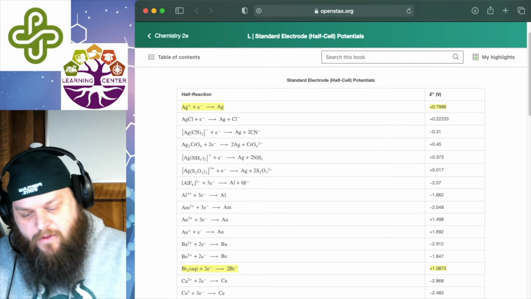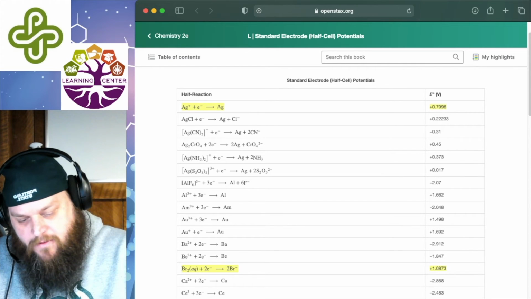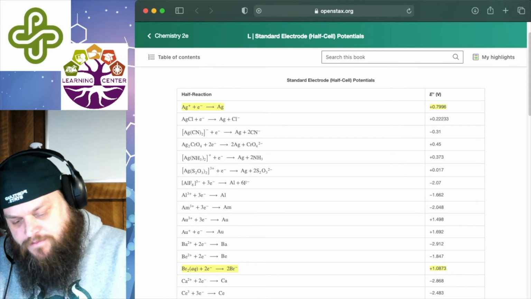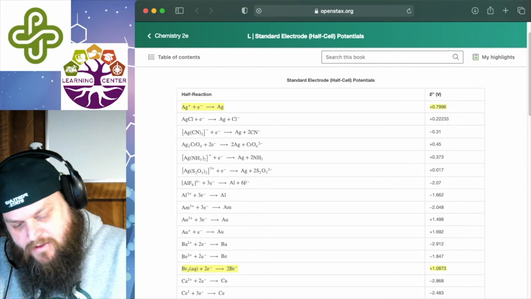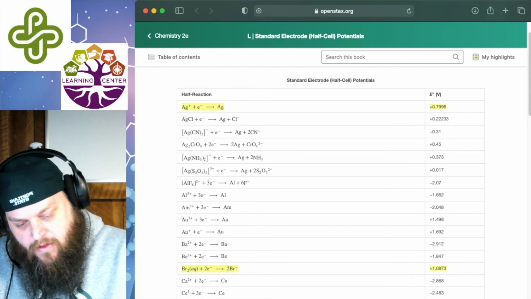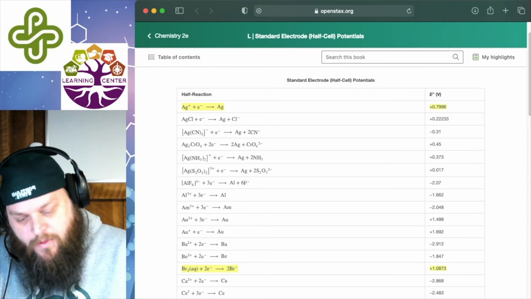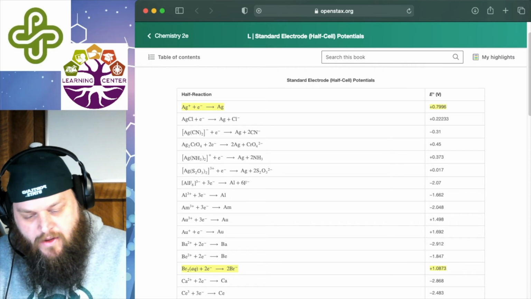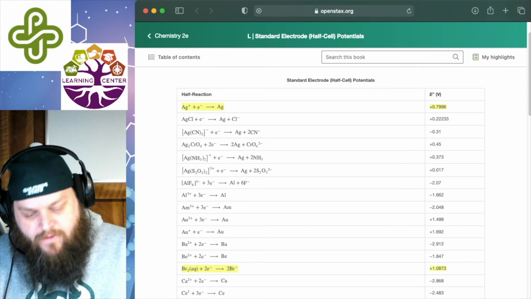So always the cathode first minus the potential of the anode. Equating that down, that's just 0.7996 volts minus 0.34 volts. We can already see, looking at the relationship between these two, this is going to be a positive value.